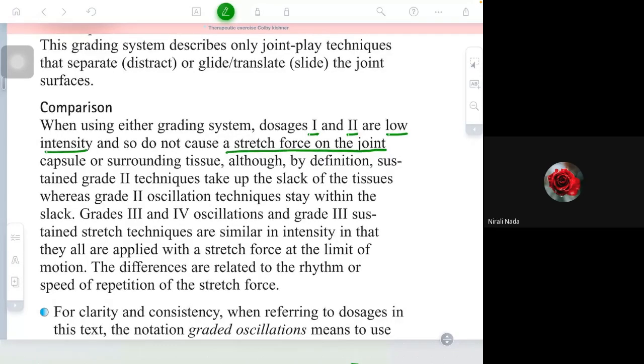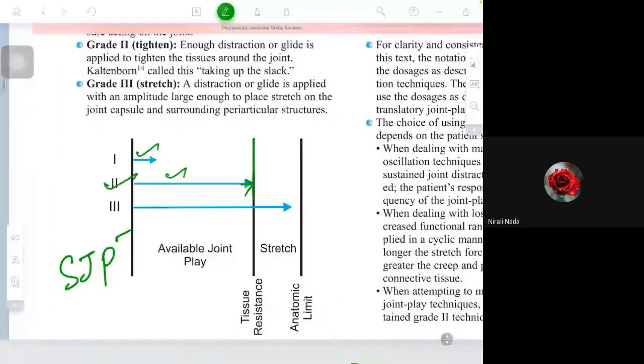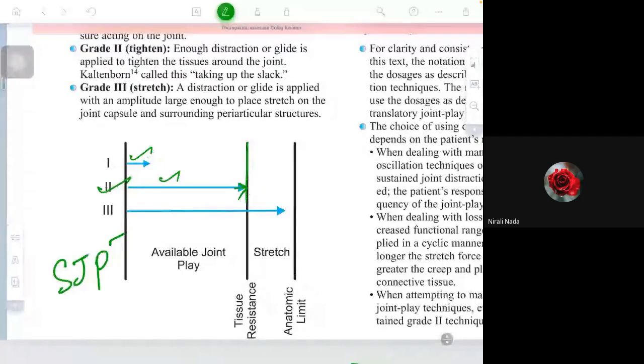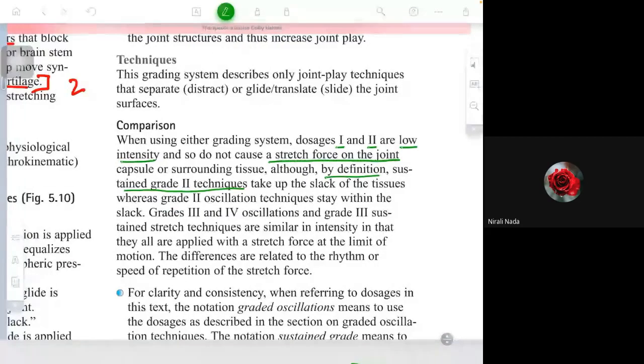Although, by definition, sustained grade 2 technique, what is sustained grade 2? This one is called sustained grade 2, the sustained joint play technique. Clear? Although, by definition, sustained grade 2 technique takes up the slack, that is, you are reaching the limit, whereas grade 2 oscillation techniques stay within the slack.